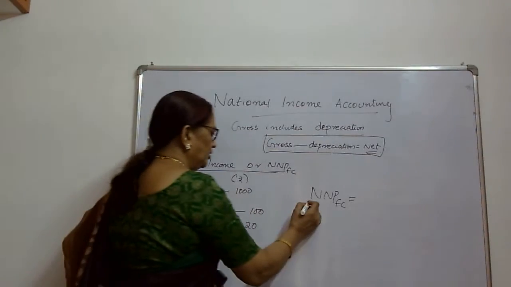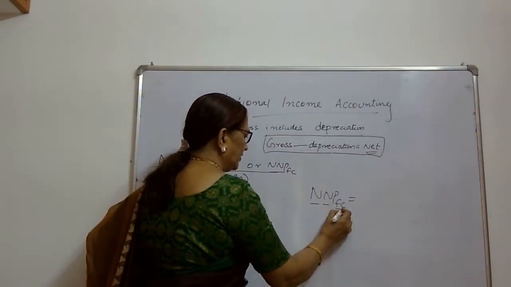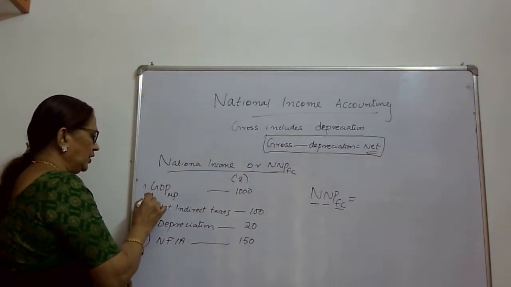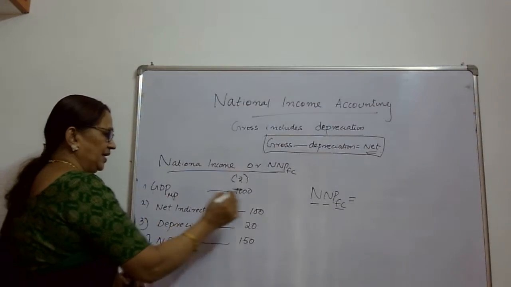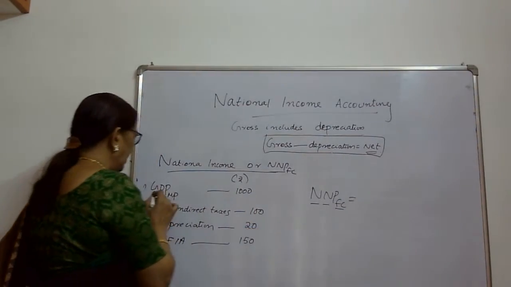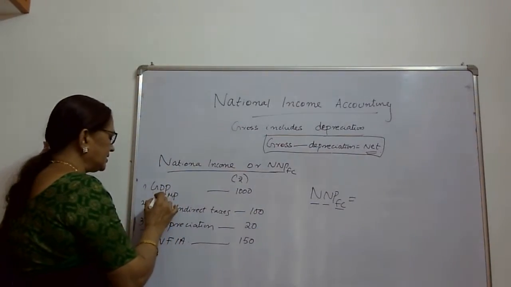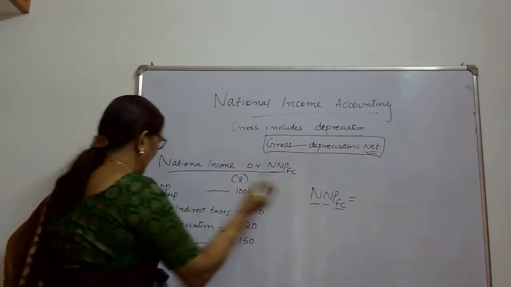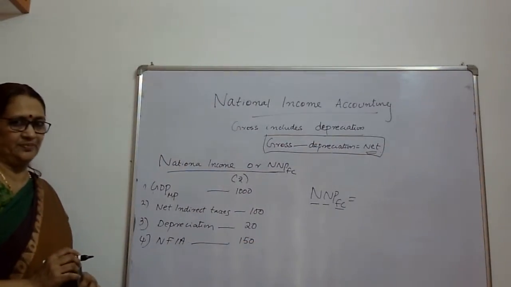So we have to make it net national product at factor cost. From gross domestic product at market price, we have to make it net. The gross concept we have to convert it into net. Domestic we have to convert to national. Market price we have to convert to factor cost.